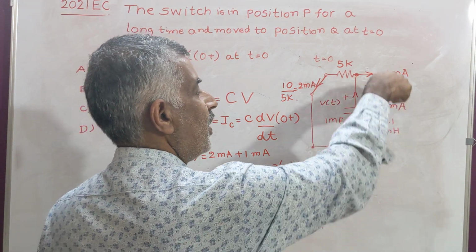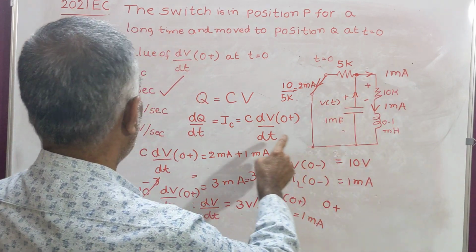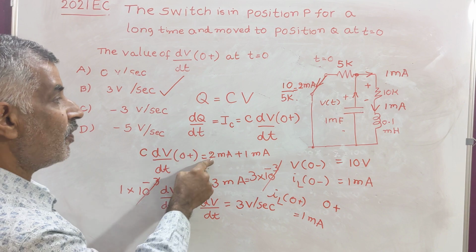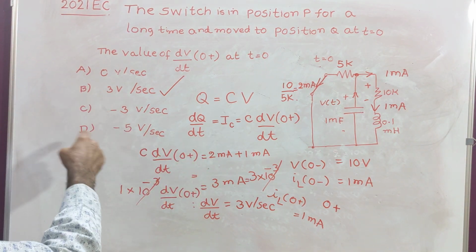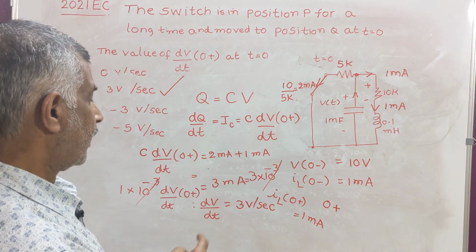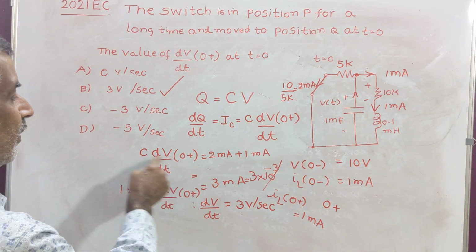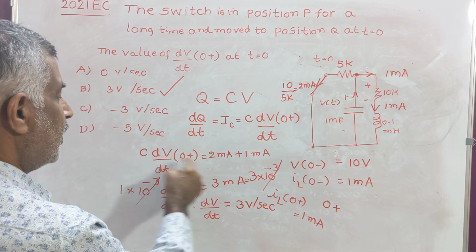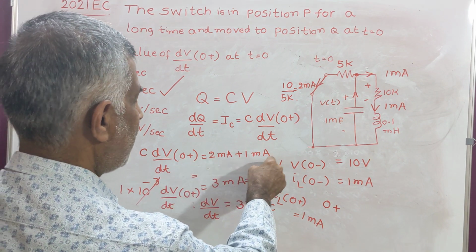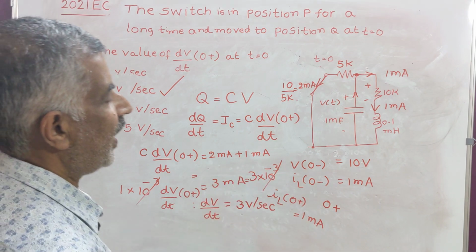Therefore, you have to write it correctly. If you make a mistake in writing this equation, you may get the other answer as minus 3 volts per second. It is not correct. Therefore, C dV by dt is equal to 2 milliamps plus 1 milliamp. So the calculation is carried out.